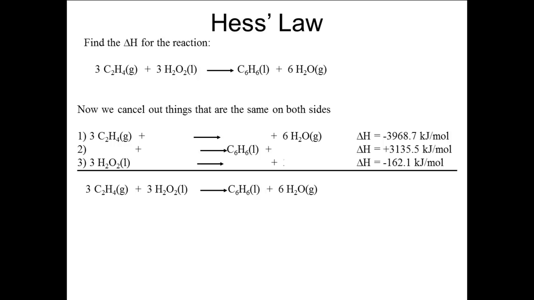Note that this is exactly the reaction we are looking for. The number of each compound is the same and the state is the same in the 2 reactions. This must be true, or you have done something wrong. Once we have confirmed that we have made the reaction we want, then we just add the 3 delta H's to get the delta H for the reaction.